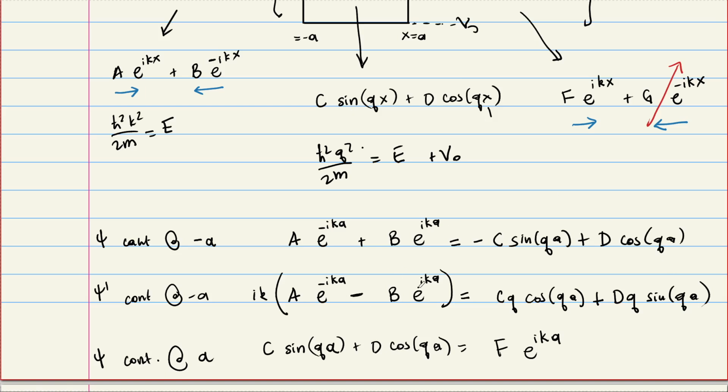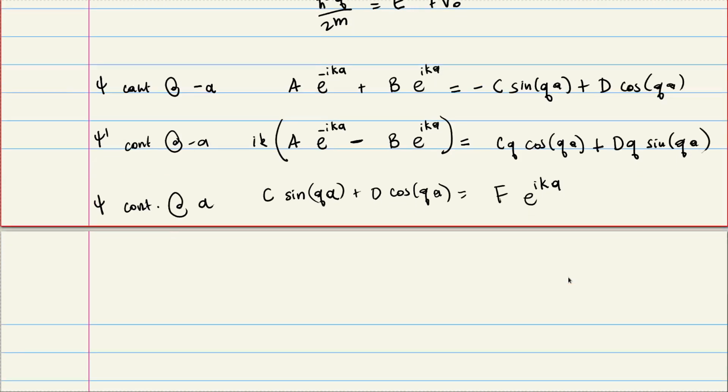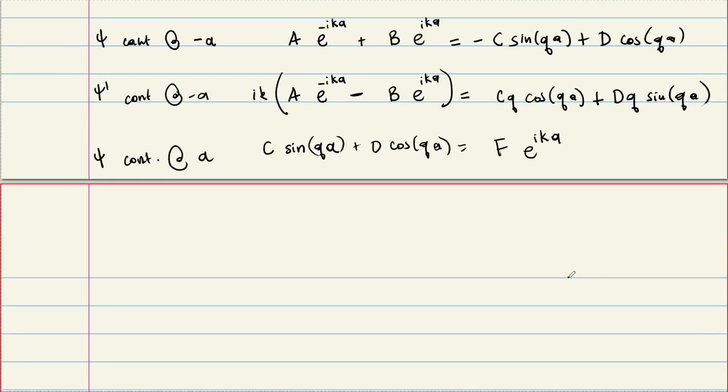So this is minus. No, this is correct. Let me check. And this is c cosine qa. But like I said, we have to keep an open mind. I always miss signs. We can come back and fix it.